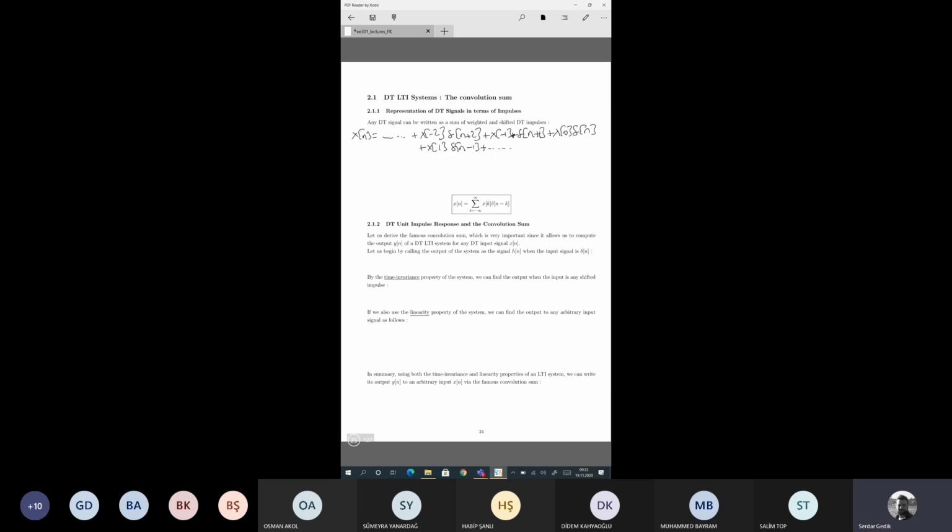You can write your x of n as, let's say, it may have infinitely many terms, but assume that we are just considering a few terms. So you can write it as x of minus 2 times impulse of n plus 2, plus x of minus 1 times impulse of n plus 1, plus x of 0 impulse of n, and it goes on like this.